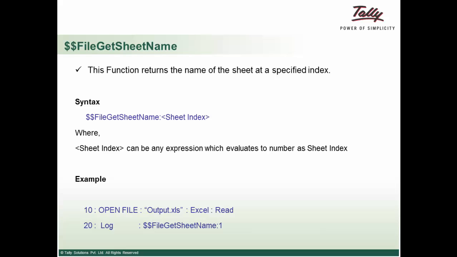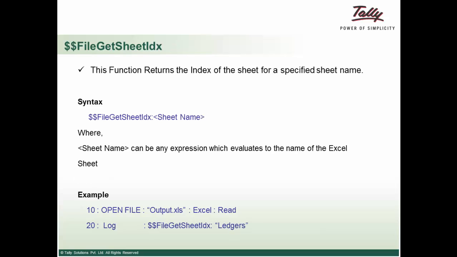So you can first have the count, say I have around 10 sheets, so it returns the count 10, and then you can keep logging file get sheet name 1, file get sheet name 2, and check which sheet you need, and then make that particular sheet active.